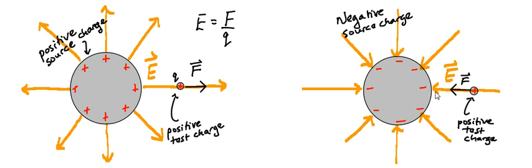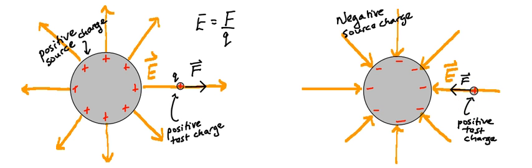So if we were to probe with a positive test charge, it would be attracted towards this negative source charge, and we would see that the force again is in the same direction as the electric field. And if we were to calculate the electric field at this particular point in space, we would use this amount of force divided by the charge of that test charge, q.